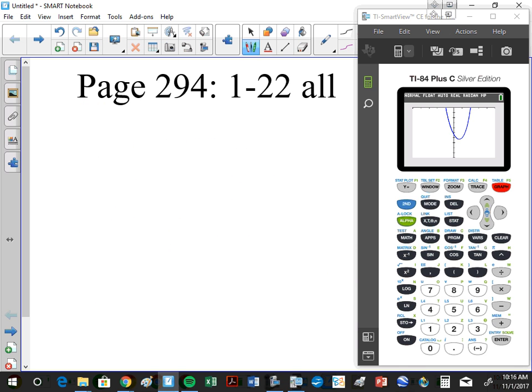So let's look at number 20. We'll do 20 and then we'll do 22. So x to the fourth plus 2x to the third minus 4x squared minus 2x minus 1. This is number 20, but you don't need to do 20, so don't write it. You don't need to write this down. I'm going to change it.